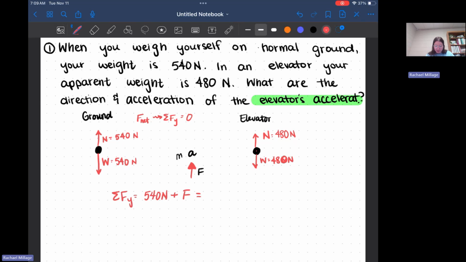So if we're thinking about the whole thing, this is me. And when I'm in the elevator, my weight towards the earth is still going to be the same, 540 newtons.